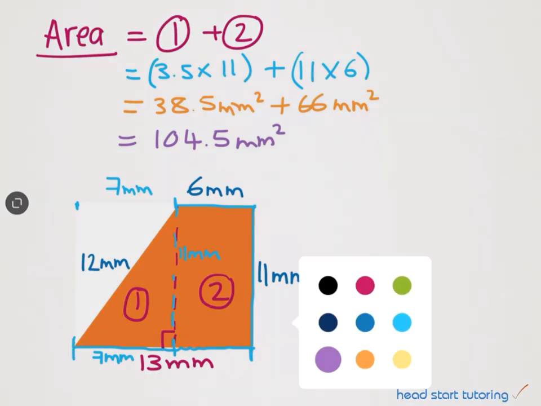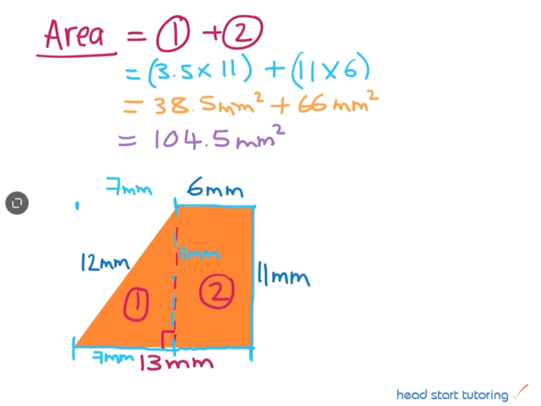Right, if we would now like to look at the perimeter of this shape, we need to see how many sides we have altogether. So we've got 1, 2, 3, 4 sides, because we are working with a quadrilateral.